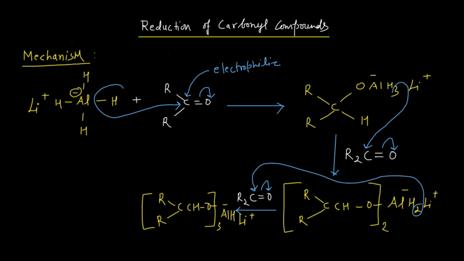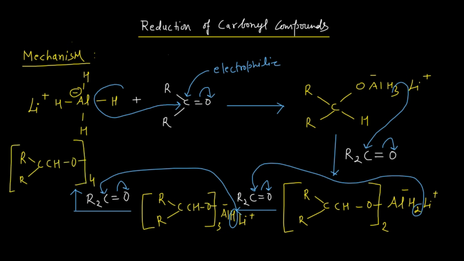Now you are left with the last hydrogen of your aluminium. It will attack onto this one, and this will come here, and you are having another species, and that species would look like this. This is how we do the reaction.